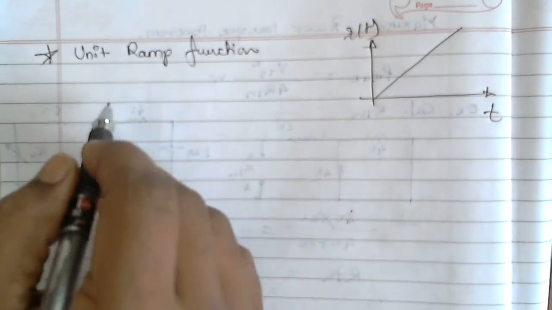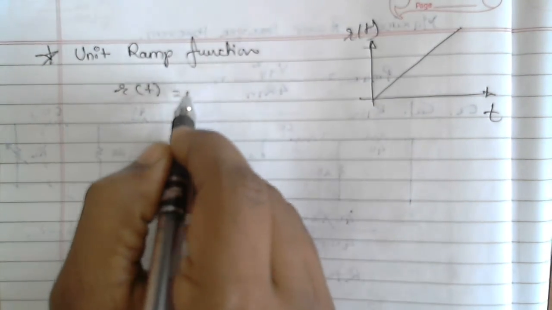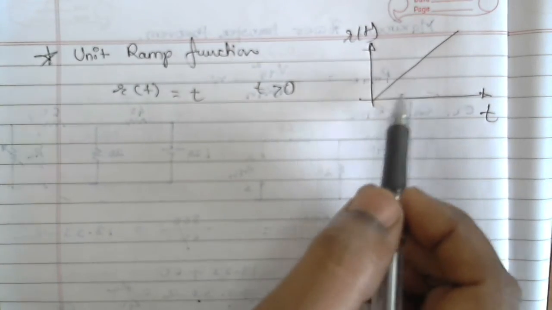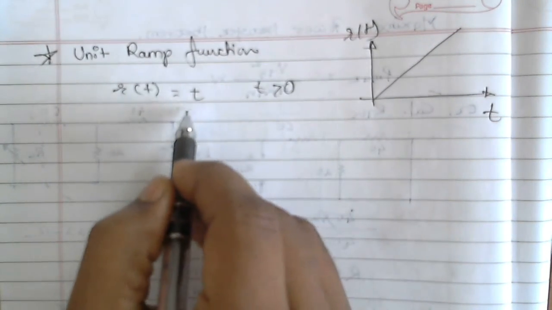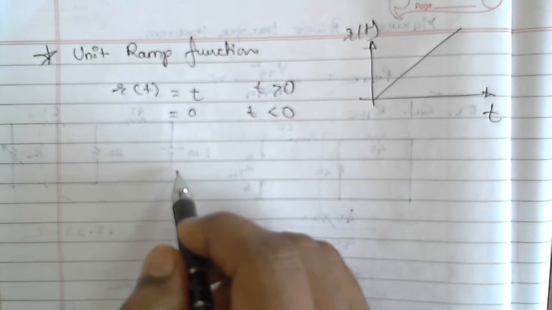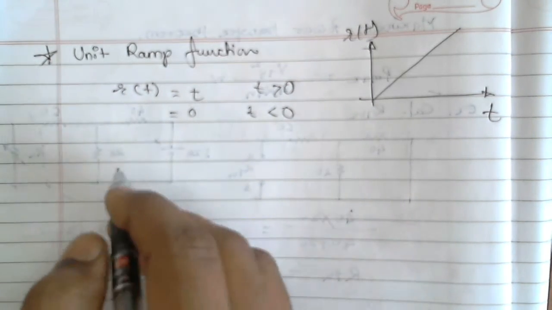Okay, so the unit ramp function is defined by the equation r of t equal to t for t greater than 0. For t greater than 0 it is t, and it is 0 for t less than 0. Getting it? Now we have to write the Laplace transform of the unit ramp function.